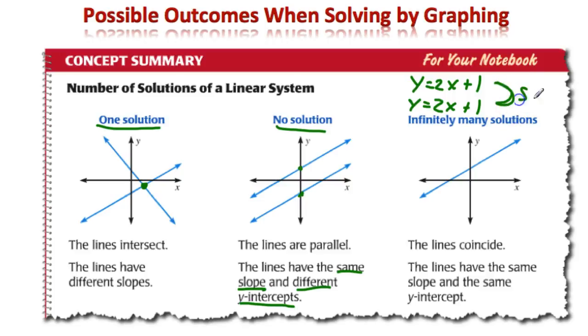They are the same. So it's like one line directly on top of the other line. And where do they intersect? Well, they intersect everywhere, right? Every single spot on these two lines is a solution. So we say infinitely many solutions. There's not one, there's not two, there's an infinite amount. And again, these have the same slope and the same y-intercept. They're basically the same exact line.